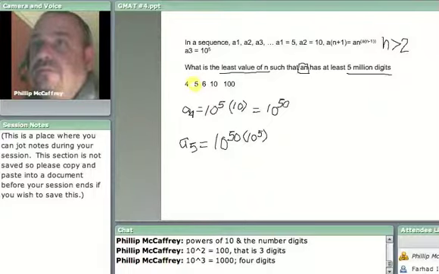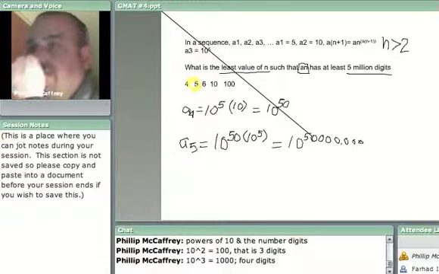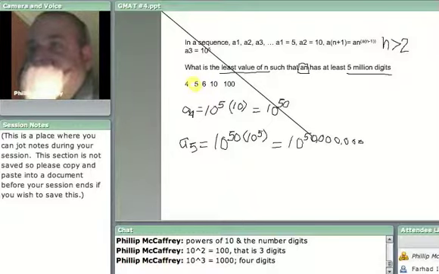Times 10 to the 5th. It's 5 million, excuse me, not 50 million. Simple math. Is 10 to the 5 million. Yeah, 6 digits, 50 million. There you go. That's right. That's at least 5 million digits.